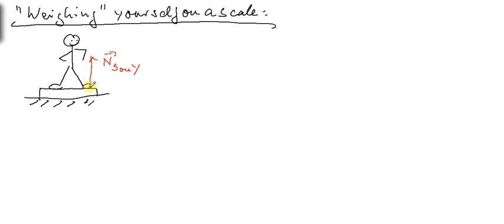Newton's third law tells us that you exert on the scale a normal force, u on scale, which is in the opposite direction, but the same magnitude as the normal force that the scale exerts on you.